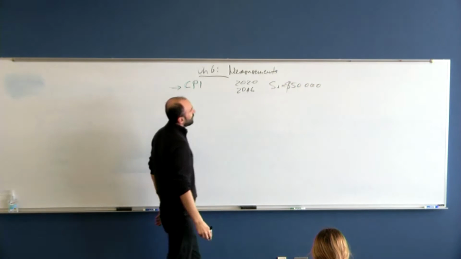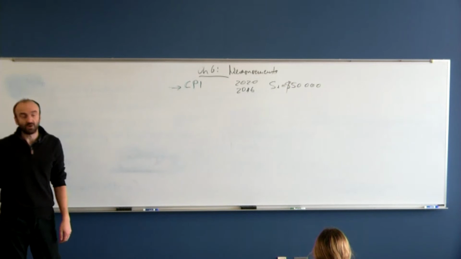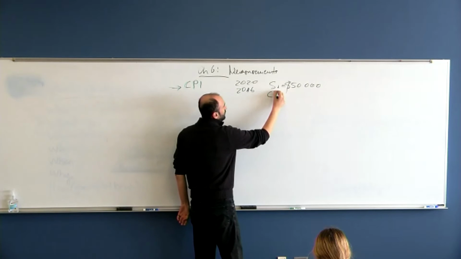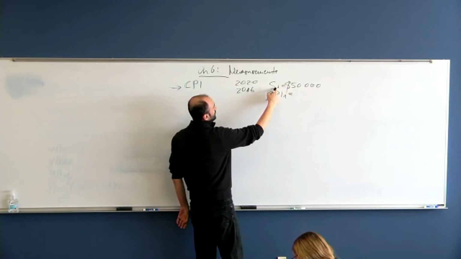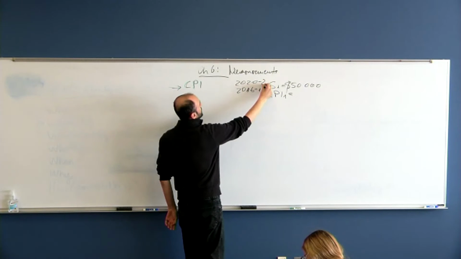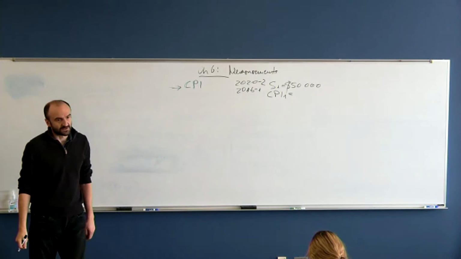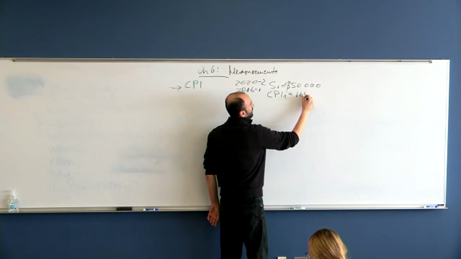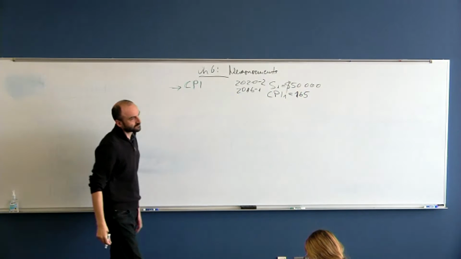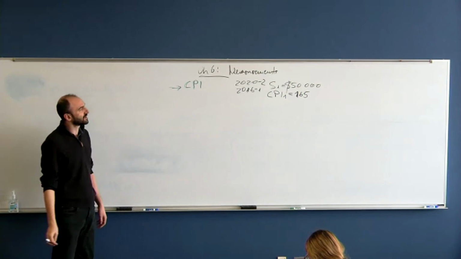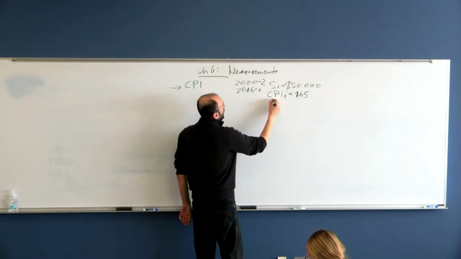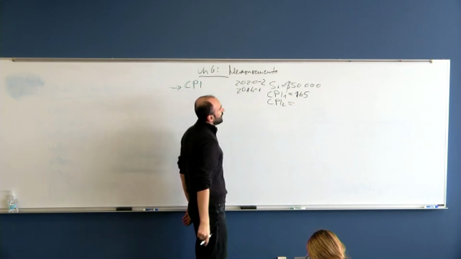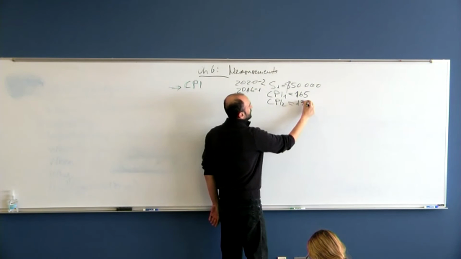That's a fixed salary somebody's paid. And now let's say that the CPI, Consumer Price Index, in the year 2016, that's year 1, this is year 2, was 165. We know how CPI is calculated. And then CPI 2 for the year 2020, let's say 173.